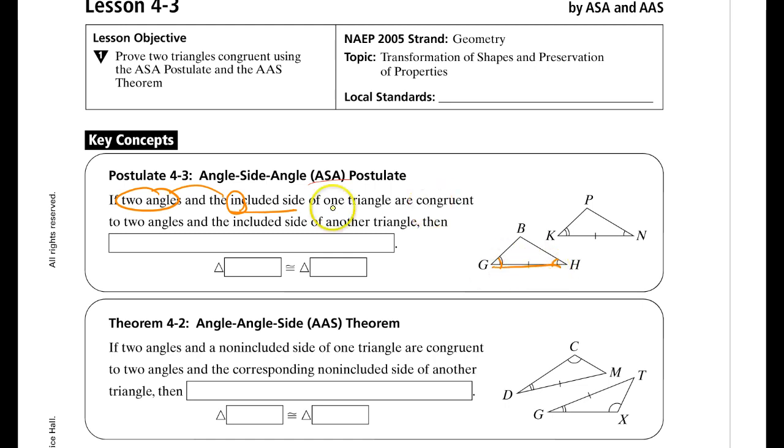If those are congruent to 2 angles and the included side of another triangle, then the triangles are congruent. So let's name this. Let's start at B and then go to G and then go to H. Triangle BGH is congruent to triangle PKN.